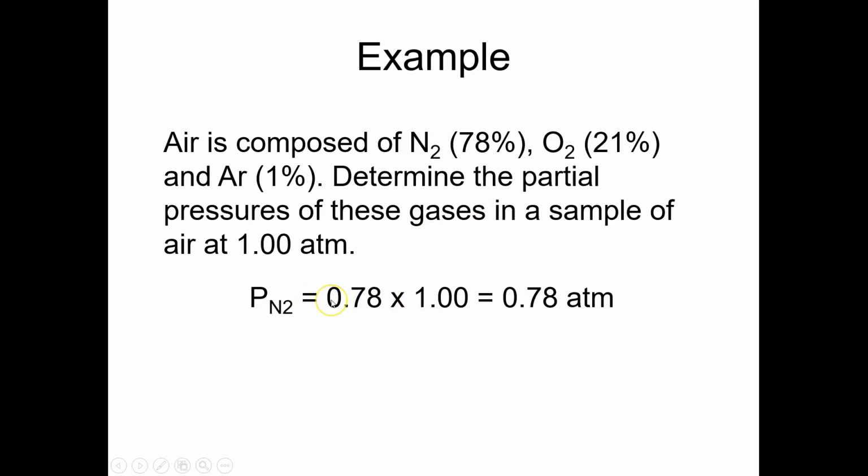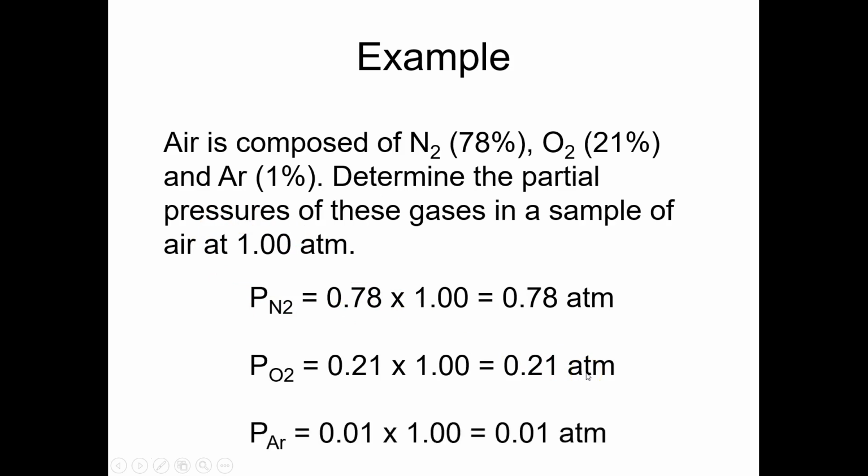The partial pressure due to nitrogen is simply equal to its mole fraction multiplied by the total pressure, and in this case we said it's air at 1 atmosphere, and therefore the partial pressure of nitrogen in that mixture would be 0.78 atmospheres. For oxygen, it would be the 0.21 that we get from the 21% times the total pressure, which gives us 0.21 atmospheres.